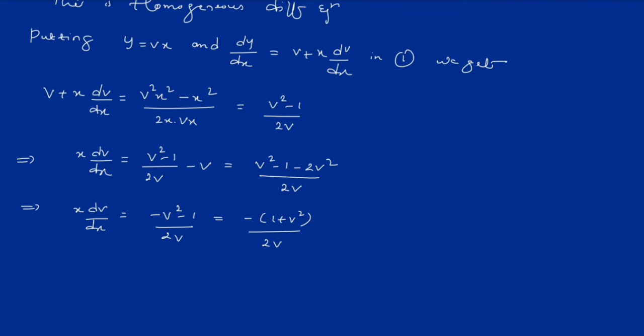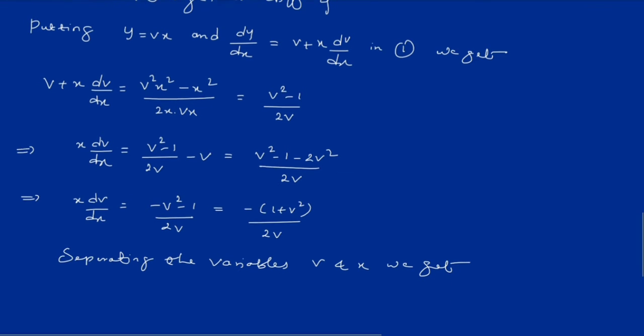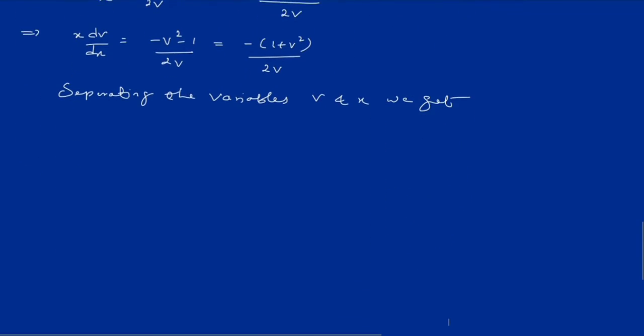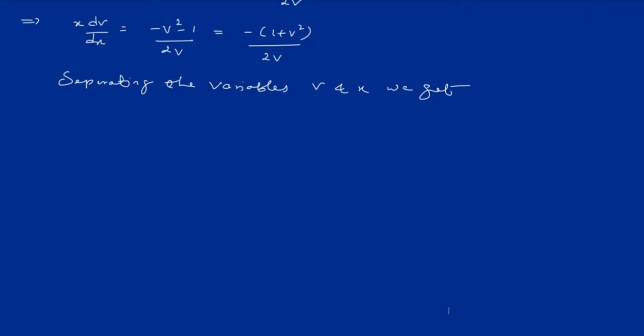So now separating the variables v and x, we get, after separating the variables, 2v upon 1 plus v square into dv plus dx upon x, which is equals to 0.